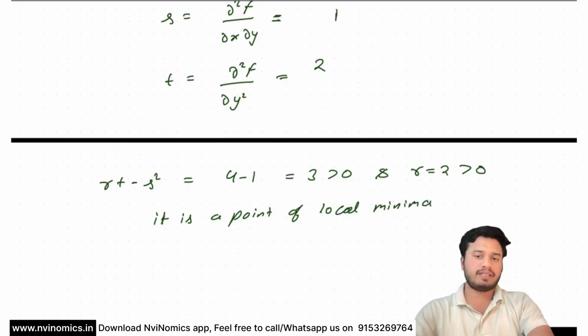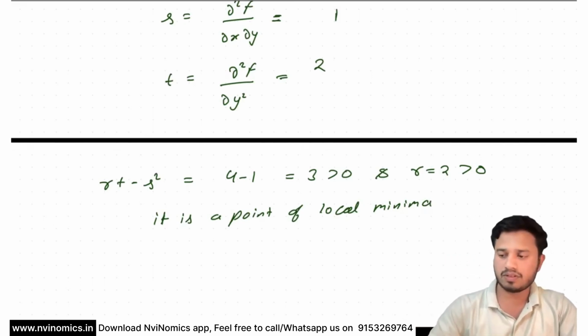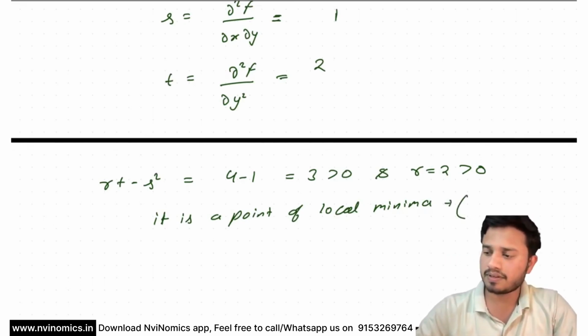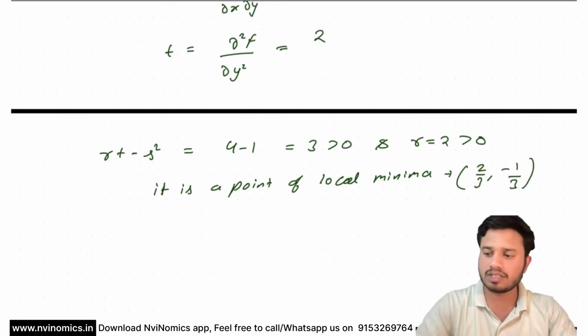It's a positive definite matrix. So for a positive definite matrix, it's a point of minimum. Which point? This point, 2 by 3 and minus 1 by 3.